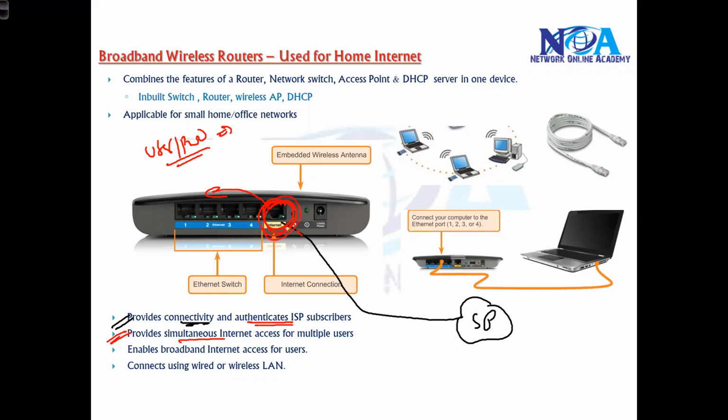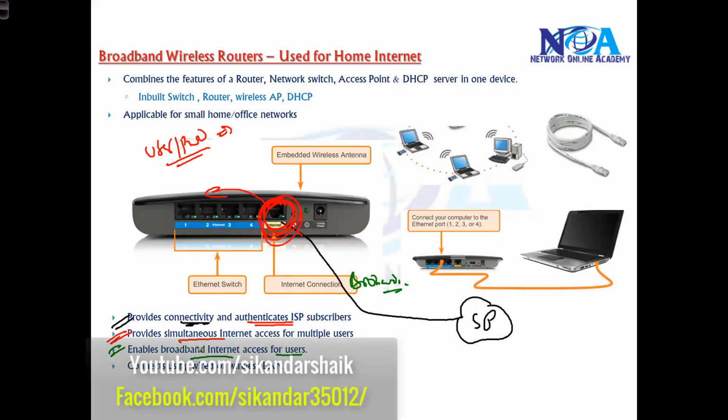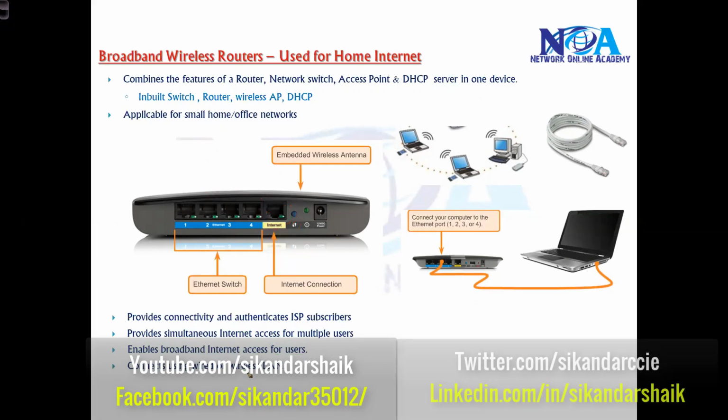Without this router feature, you cannot do that. And also it enables broadband internet access to all the users, because nowadays we use broadband connections, which support high speed data transfer rates. And also you can connect your wired or wireless LAN, because of the inbuilt switch or wireless antenna, you can connect through wired or wireless connection to the end devices.